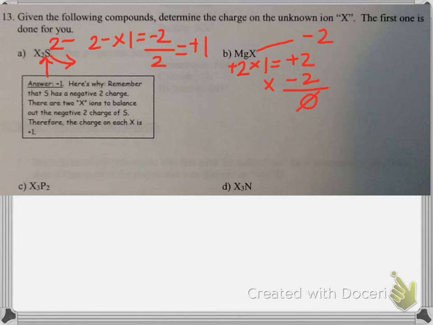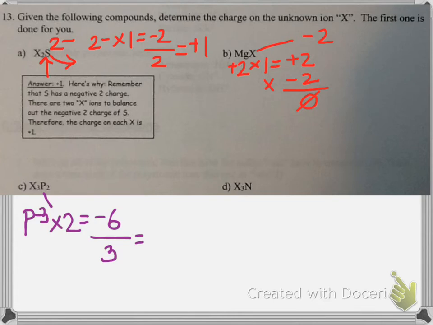This third one here, phosphorus is in group 5A, so it can lose 5 or gain 3. It's going to gain 3, so phosphorus has a charge of -3. There are 2 of them, so that's a total of a -6 charge. Now X, there's 3 of them, so that -6 charge is going to be divided by 3 of them.